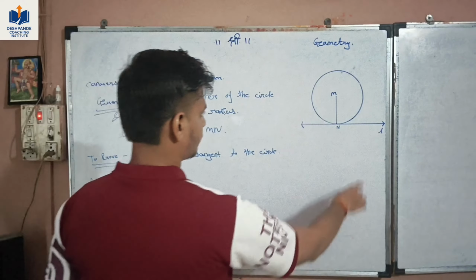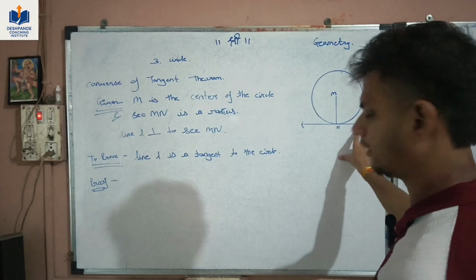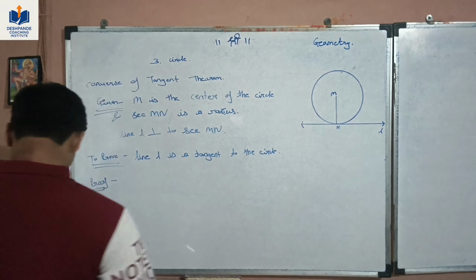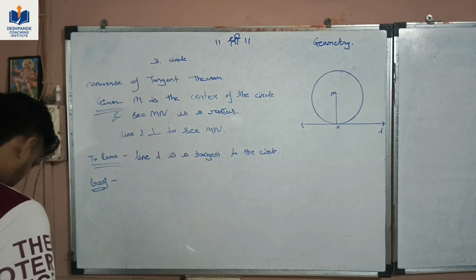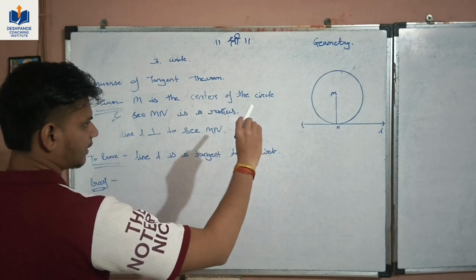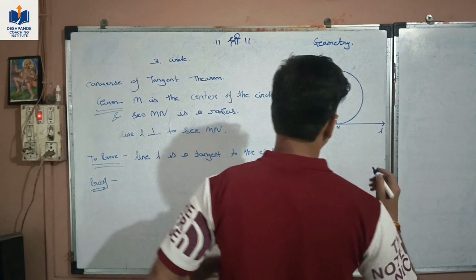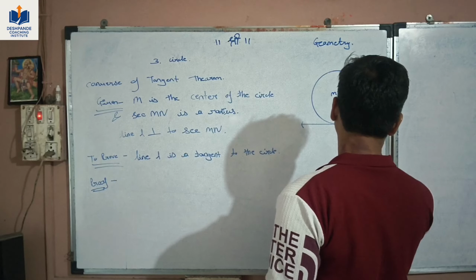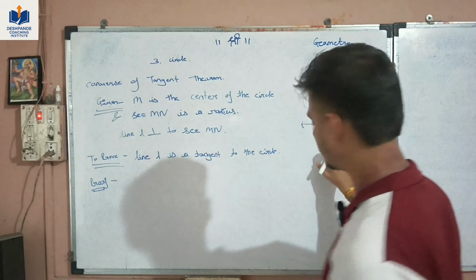Take any point on line L other than point N. Draw a segment from M. If we take the point as P, in your textbook it is also taken as point P. We have taken point P on line L other than N.